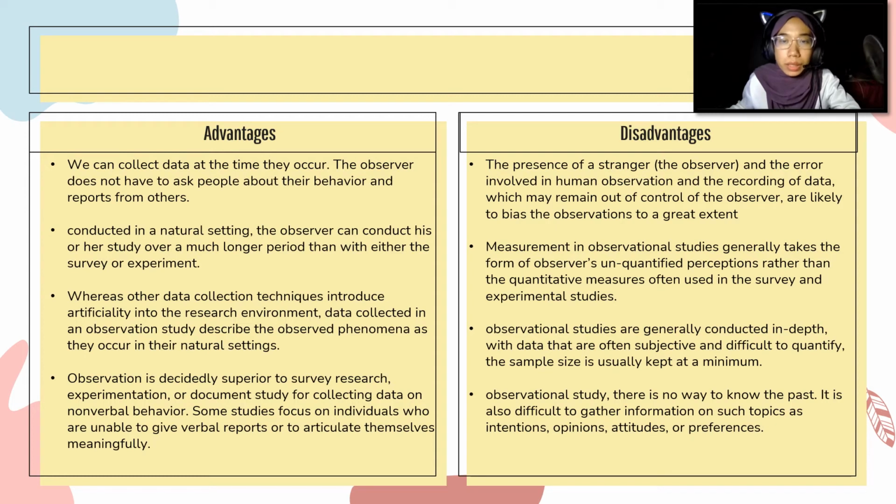The sample size is usually kept to a minimum. In an observation study there is no way to know the past. It is also difficult to gather information on such topics as intentions, opinions, attitudes, and preferences.